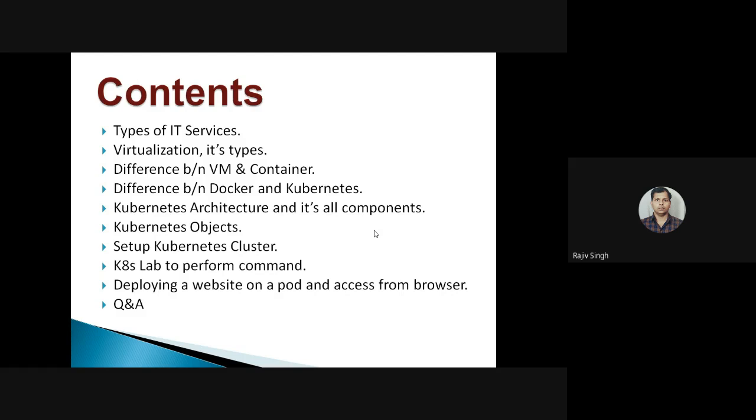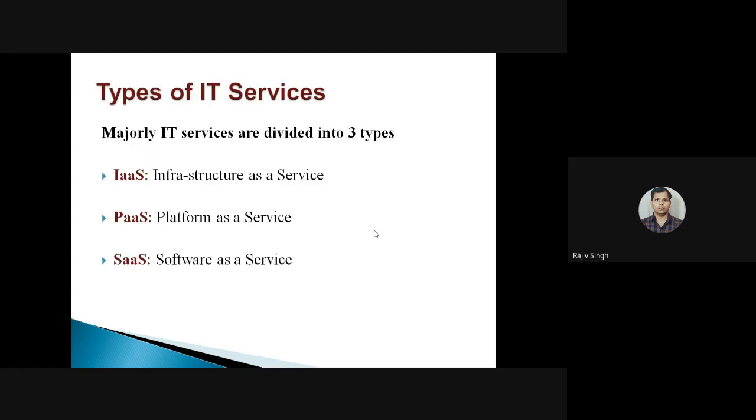Now move to the next slide, which is the types of IT services. Basically, there are three types of IT services right now: IaaS, which is infrastructure as a service, PaaS, which is platform as a service, and SaaS, software as a service.